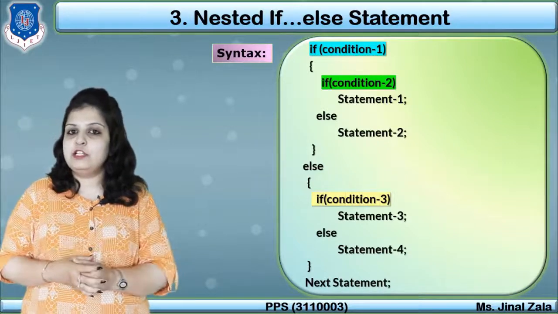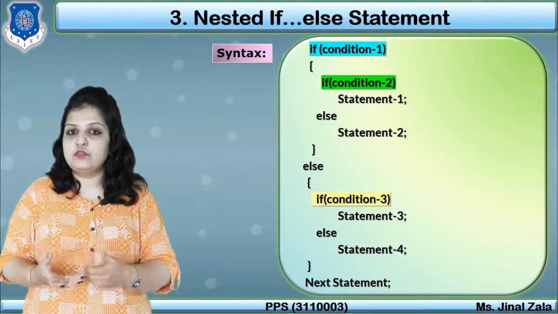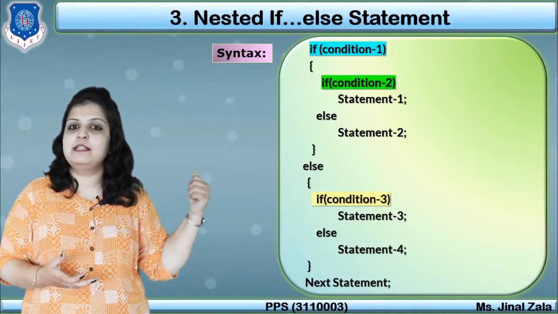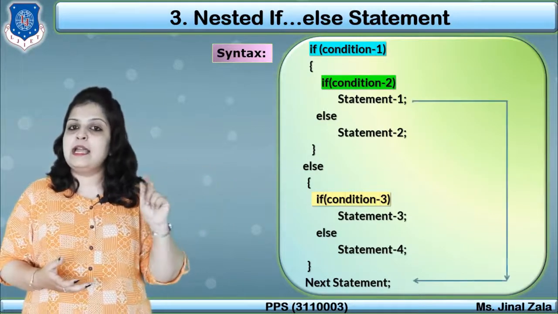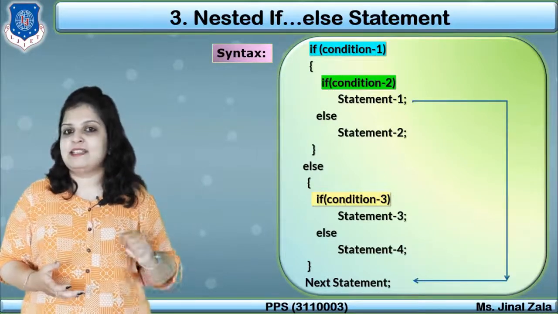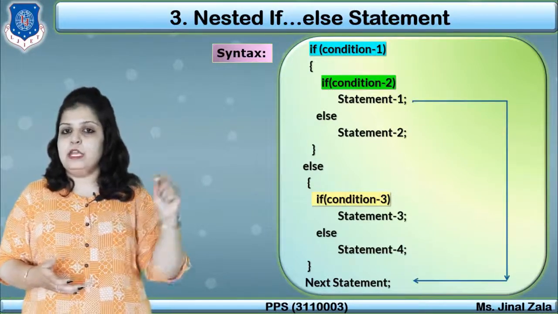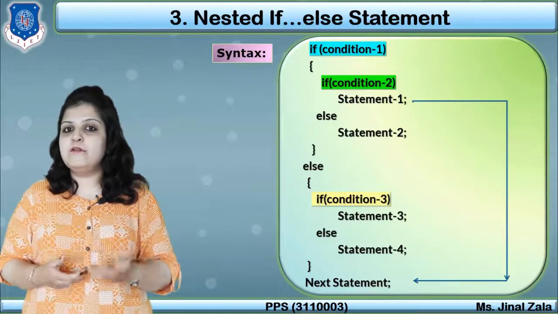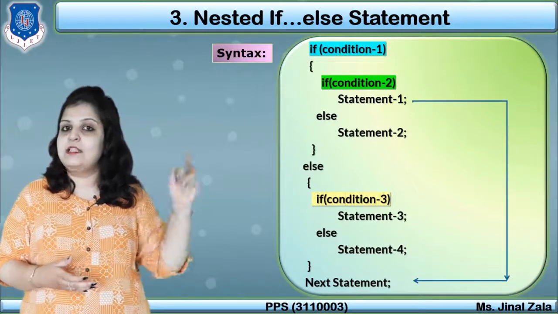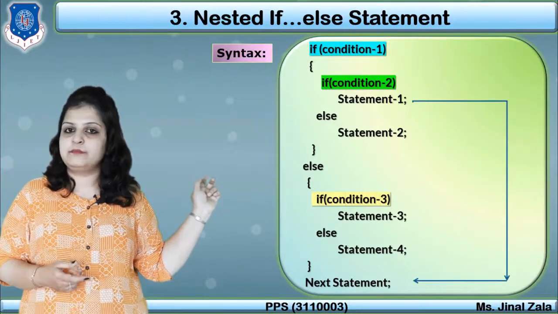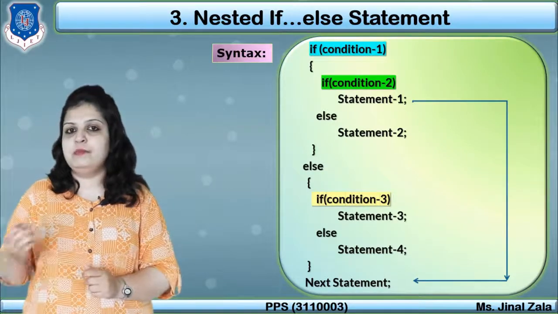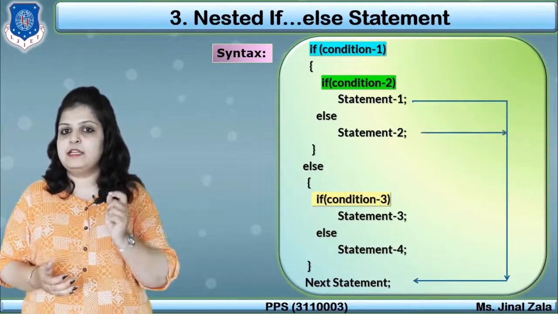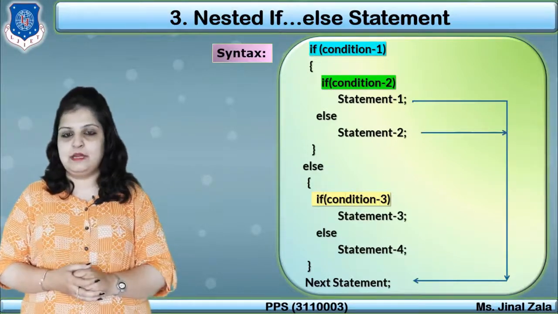And if this condition 2 is true, then statement 1 that is associated with this condition will be executed and directly our control goes to the next statement. But if this second condition becomes false, then the else part of this condition will be executed and statement 2 will be printed, and then control goes to the next statement.